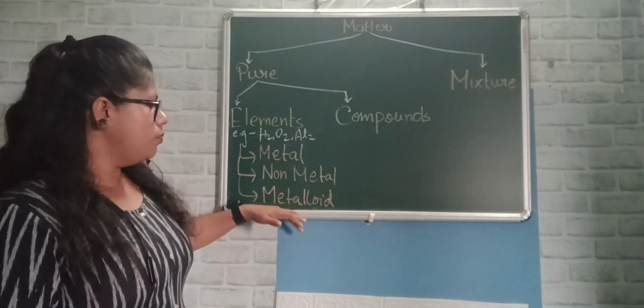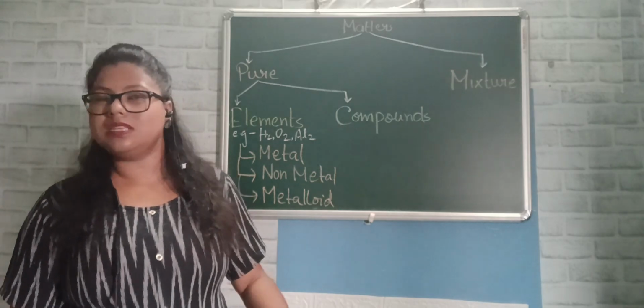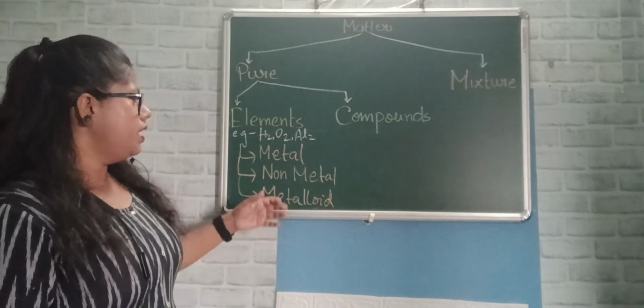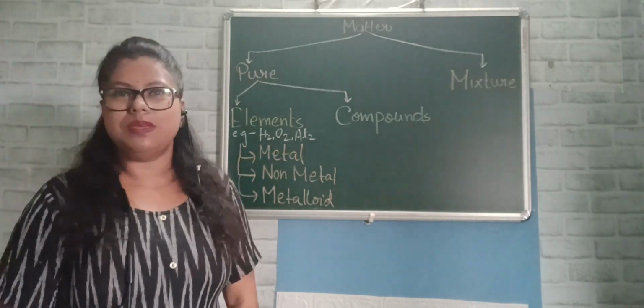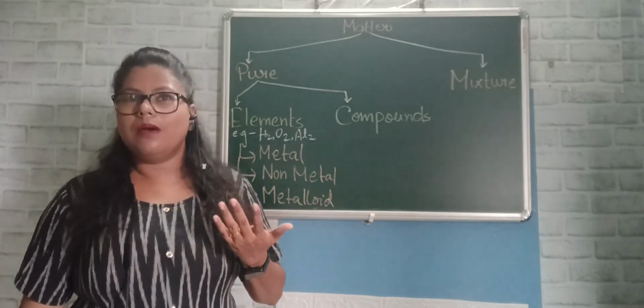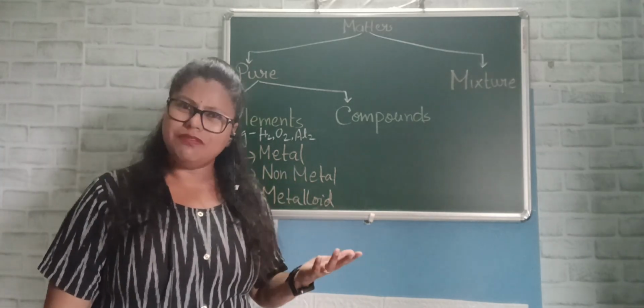If we talk about metalloids, these show properties sometimes like a metal and sometimes like a non-metal. If you think about examples, metals can be iron, sodium, lithium, magnesium, aluminium, and several other things.